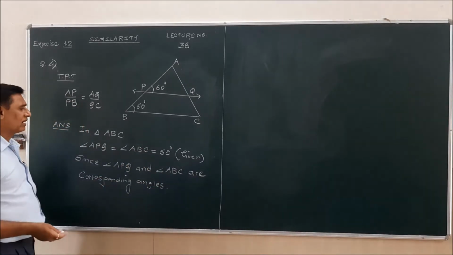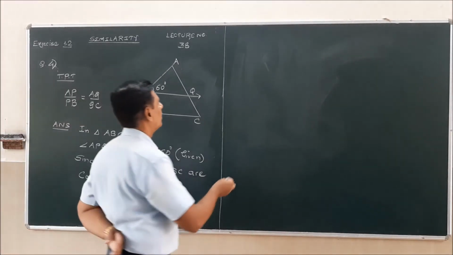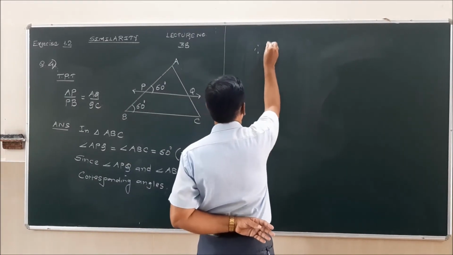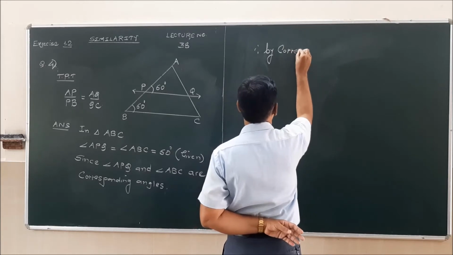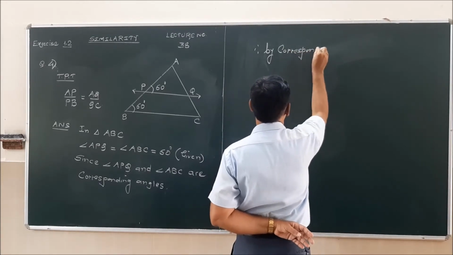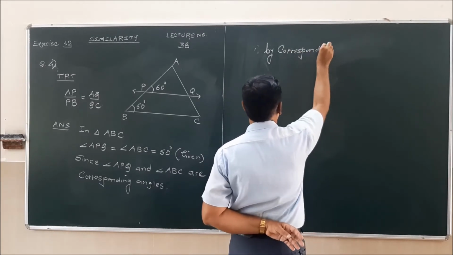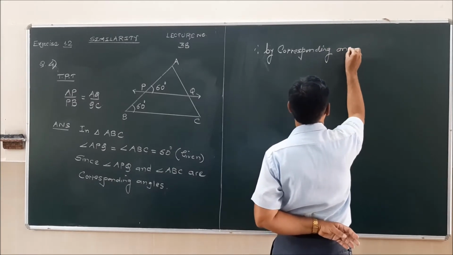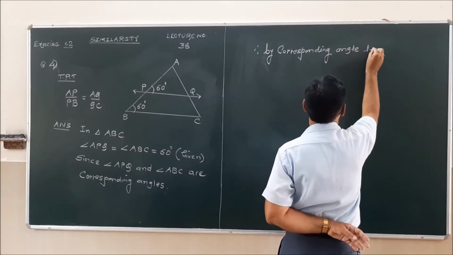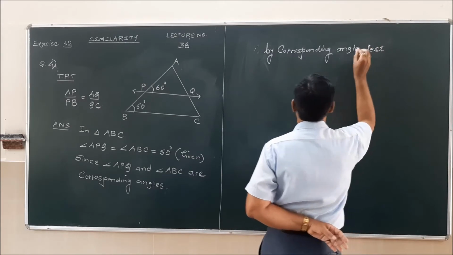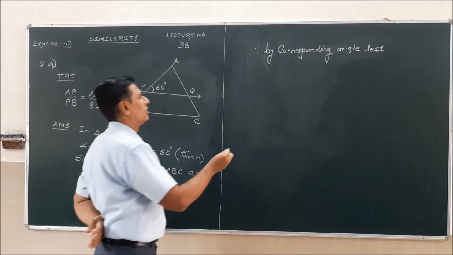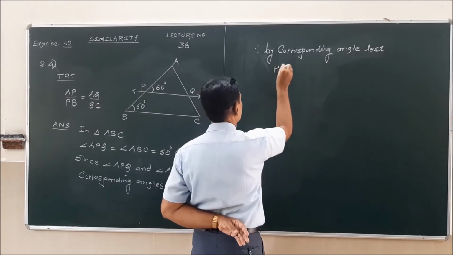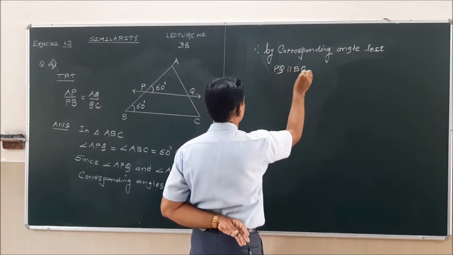These are corresponding angles. Therefore, by corresponding angle test, PQ is parallel to BC.